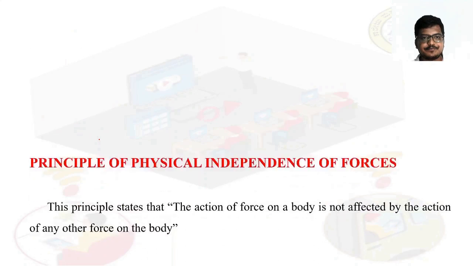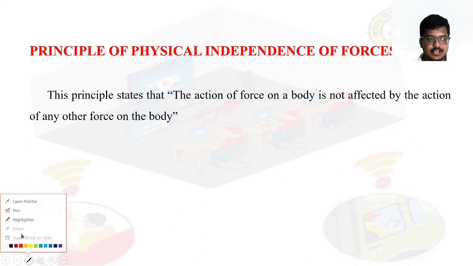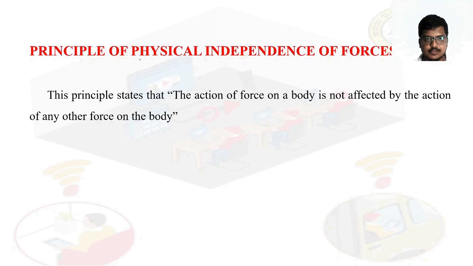Okay. So next is the principle of physical independence of forces. Now the name suggests it is the physical independence of forces. This principle states that the action of a force on a body is not affected by the action of any other forces on the body.